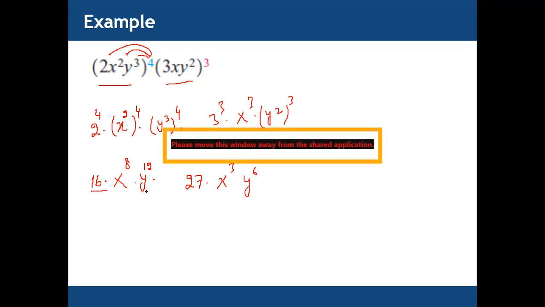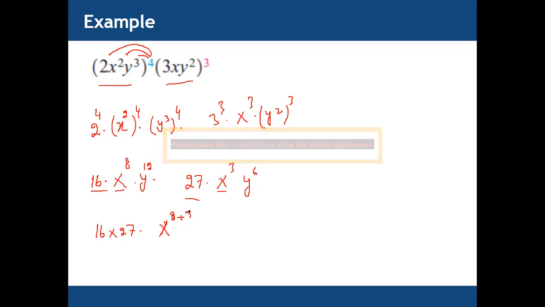Now multiply coefficient with coefficient, like 16 multiplied with 27. Okay, we have x and x. The bases are the same, so in multiplication when bases are the same, powers should be added: 8 plus 3. Next we have y square.